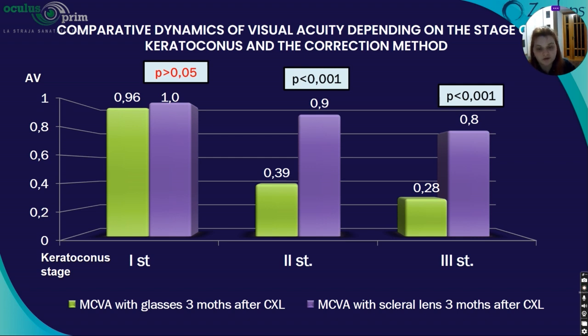In patients with stage 2 and 3 of keratoconus, on the contrary, maximum corrected visual acuity 3 months after cross-linking was statistically significantly higher in the case of scleral lens application compared to optical correction.